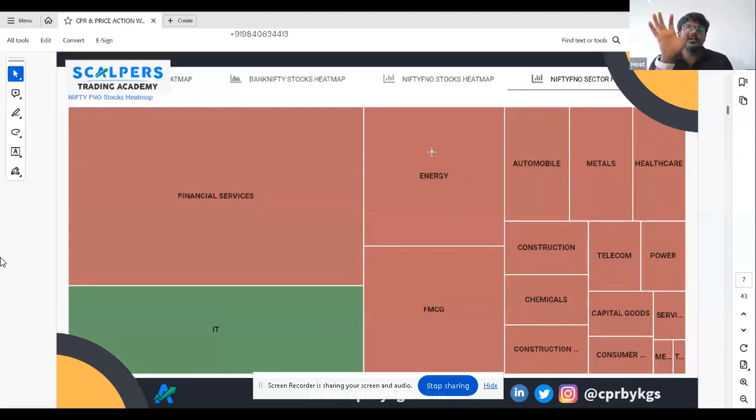Now this is one particular slide which I wanted to show you. If you look at this slide, all the sectors are negative except IT. Financial services is negative, energy sector is negative, automobile sector is negative, construction sector, FMCG, chemical, all the sectors are negative except IT. Now you should not take any long position in IT, even if there is a trade opportunity.